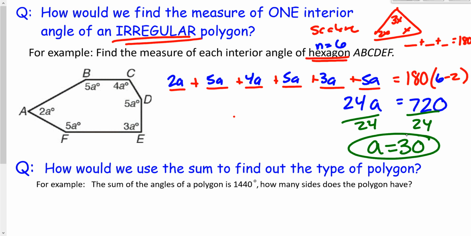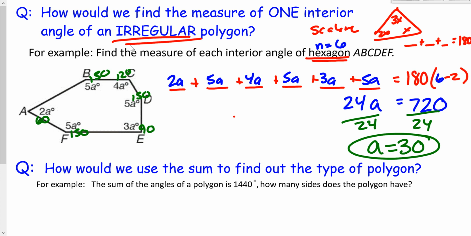A is equal to 30, which now means after I plug them in, I get this angle is 60, 150, 90, 150, 120, and 150. And these should all add to 720.